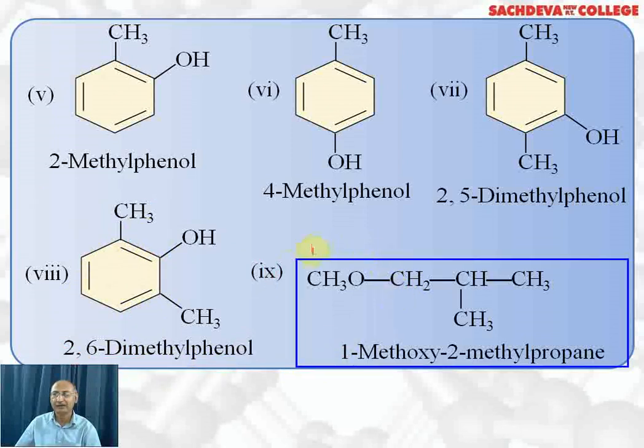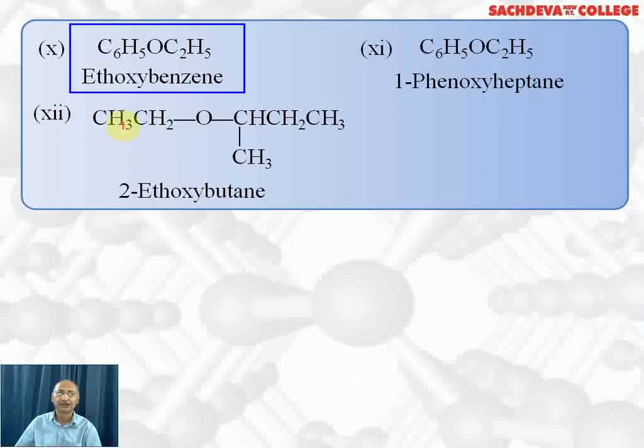Here we have a methoxy group as the functional group, so this will get number 1, then 1, 2, 3. 1-methoxy-2-methylpropane is the IUPAC name. This compound is ethoxybenzene. The parent is benzene, the ethoxy group is attached, so ethoxybenzene is the correct IUPAC name.